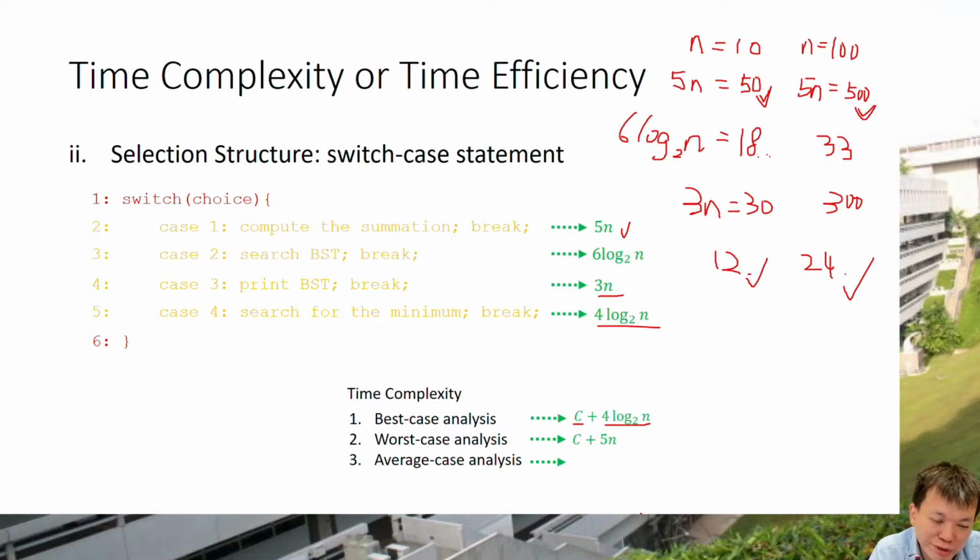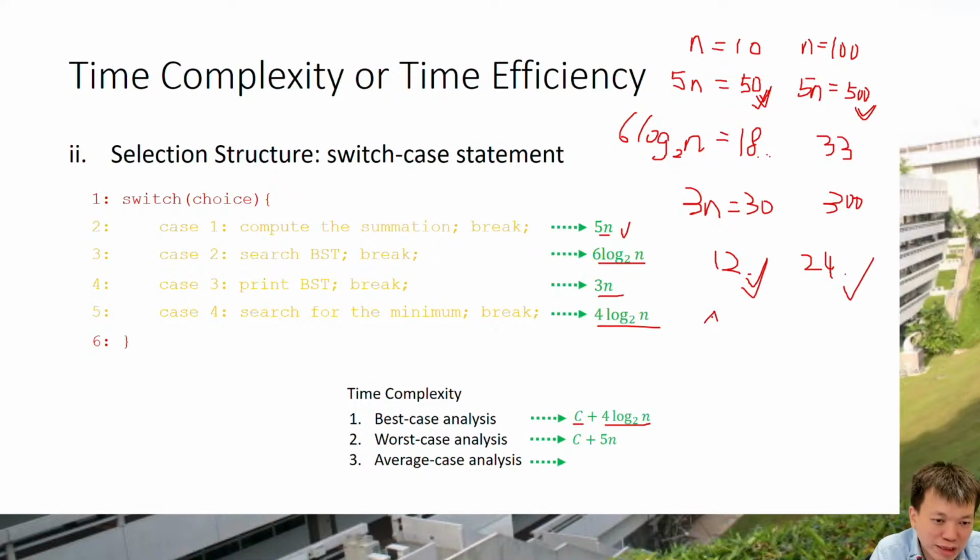Sometimes if you're not sure, what I'm trying to show you is that you can just substitute some numbers. Better is to substitute n equal to 10, then 100, increasing 10 times, and see how the numbers change. Then you can observe which one is better, which is faster, which is slower. Generally speaking, this is a linear function, this is a logarithmic function.